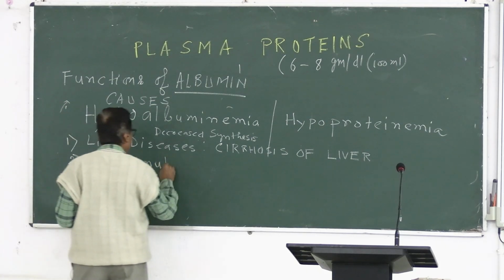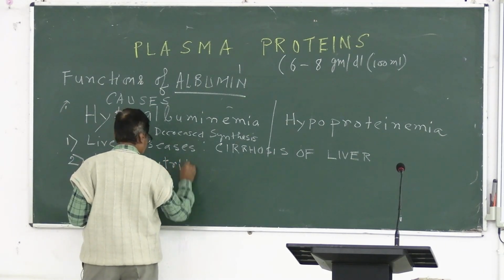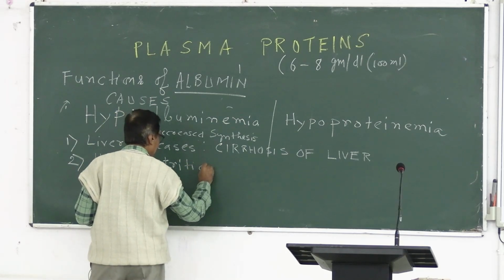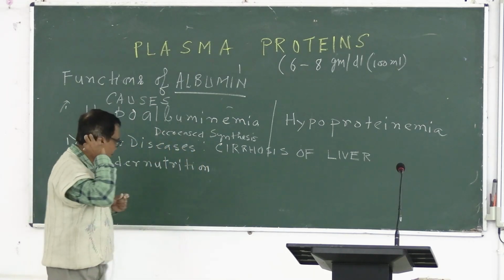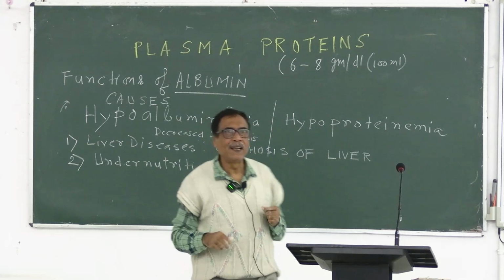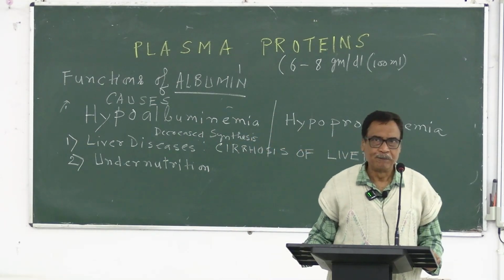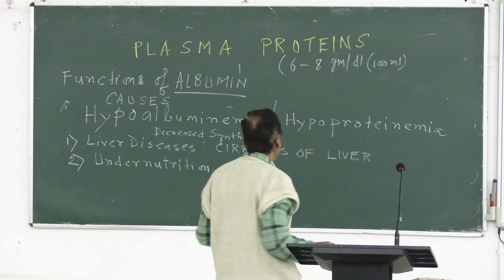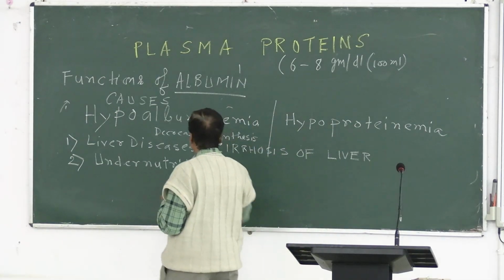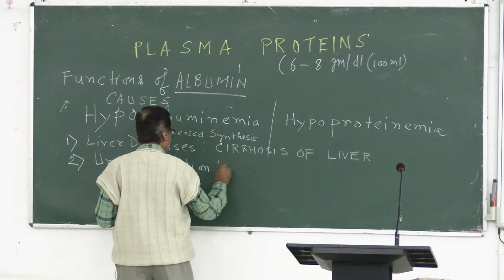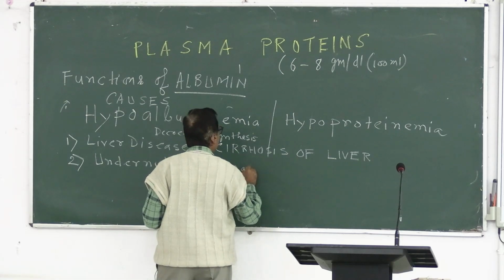Particularly in our country, in rural areas, undernutrition is a very common problem, and undernutrition will cause hypoalbuminemia. Here it is inadequate intake, whereas before it was decreased synthesis.